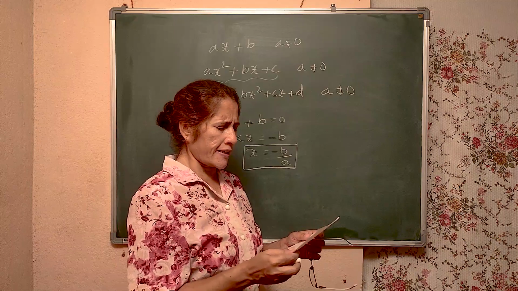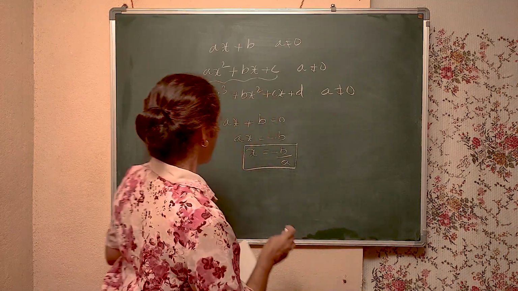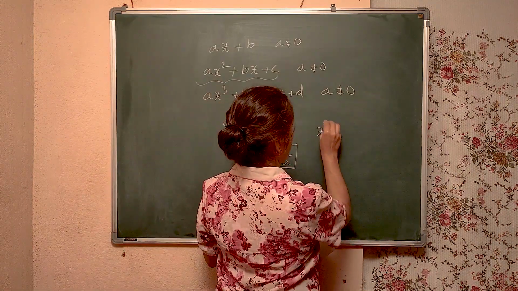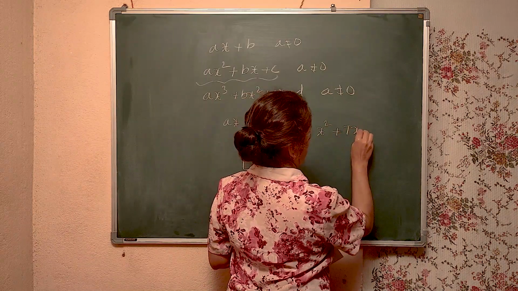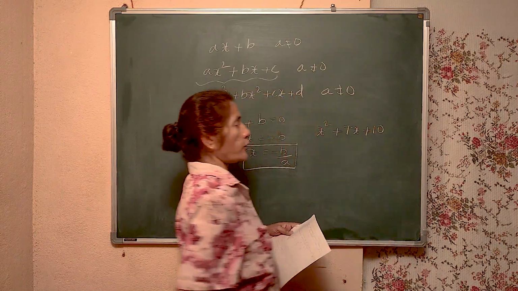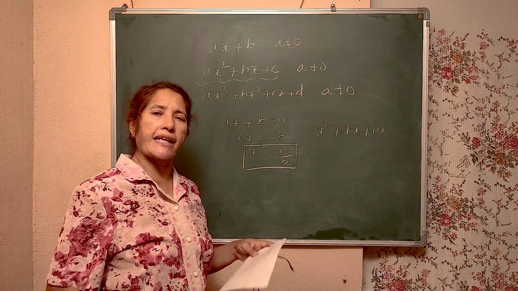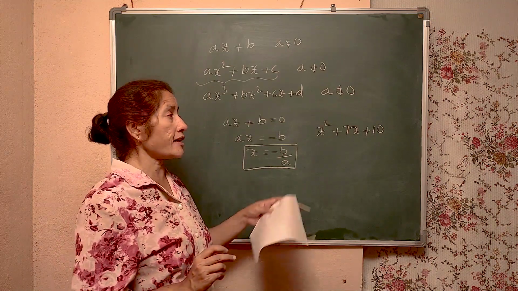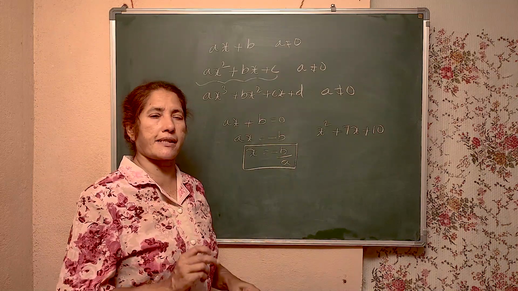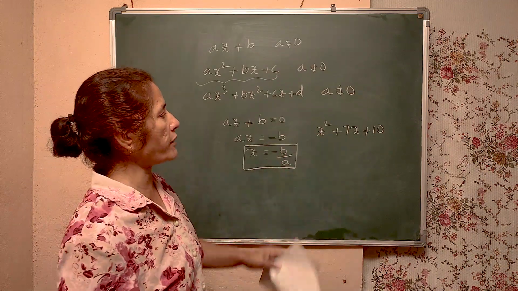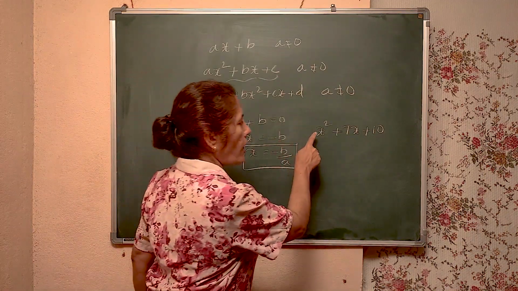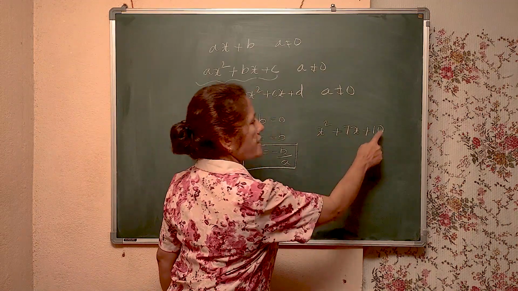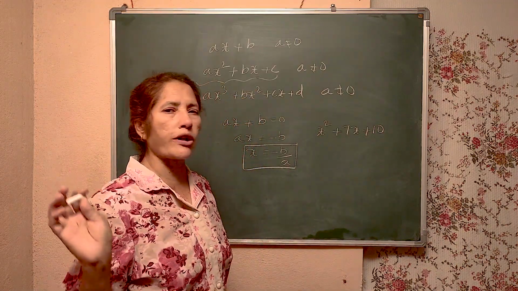Find the zeros of x square plus 7x plus 10. You have to find the zeros of this polynomial. Is it a linear polynomial? No. Is it a quadratic polynomial? Yes. How can you tell it is a quadratic polynomial? It is in the form ax square plus bx plus c, where a is not equal to 0.